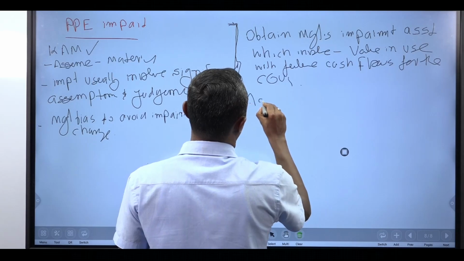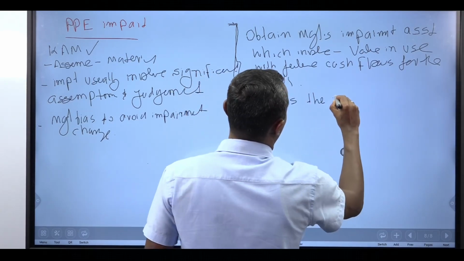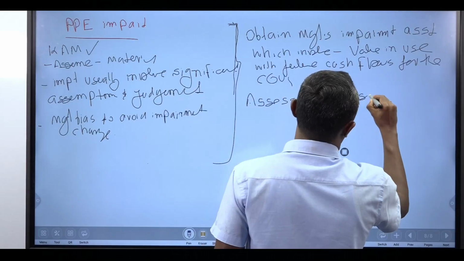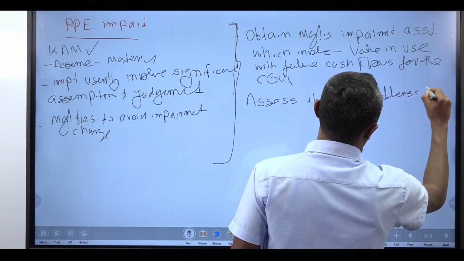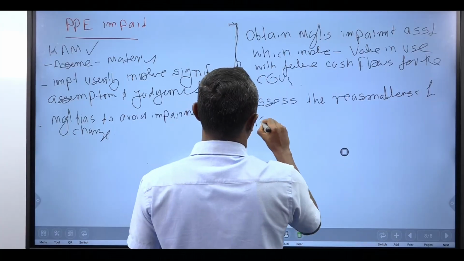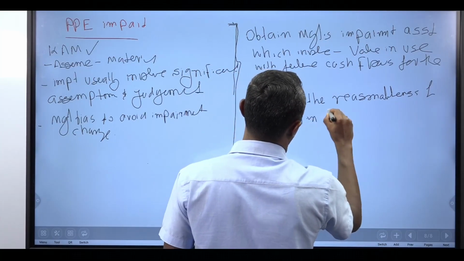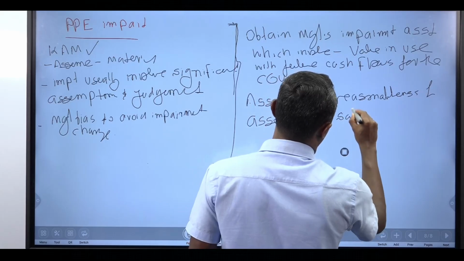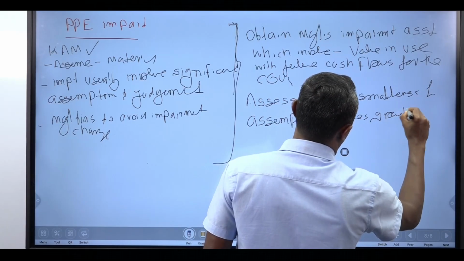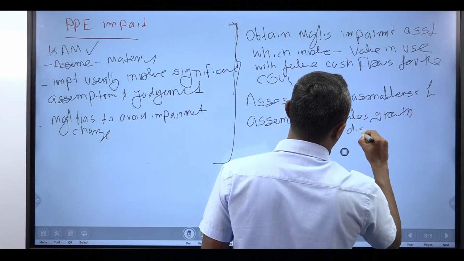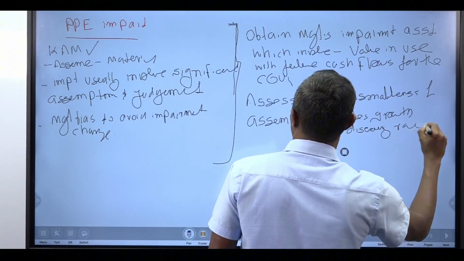Assess, very similar to the point we wrote in the previous answer, the reasonableness of assumptions. What are the critical assumptions in a usual impairment calculation? Sales growth, discount rate, things like that.